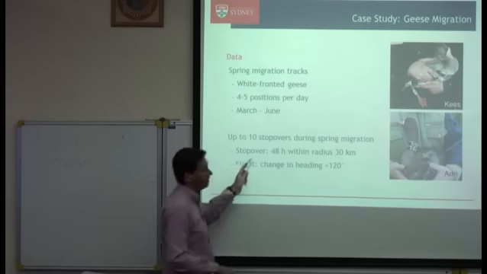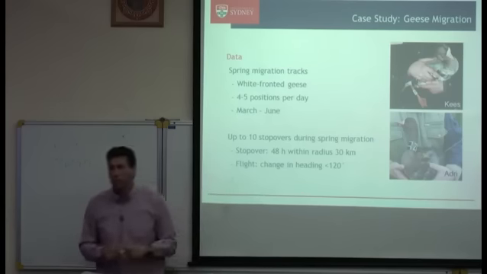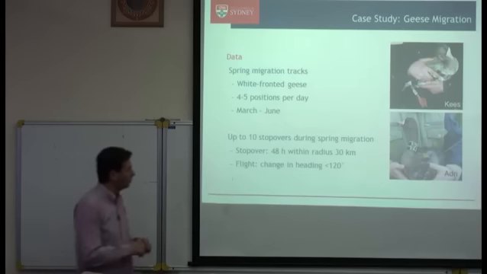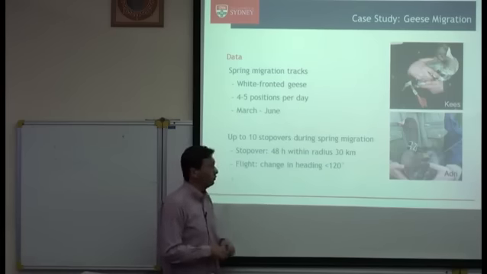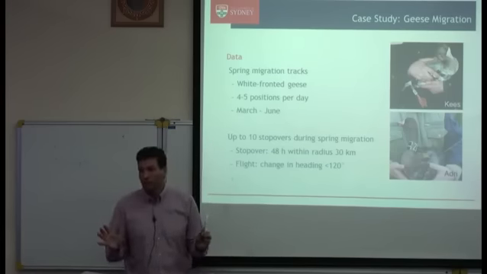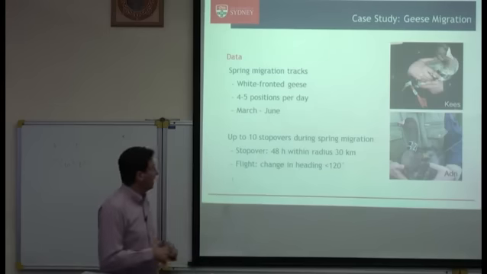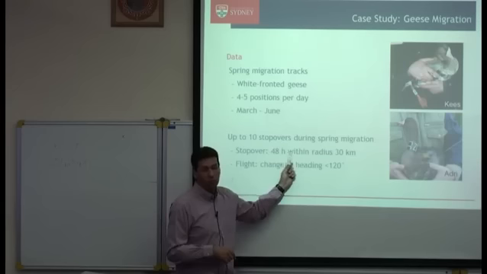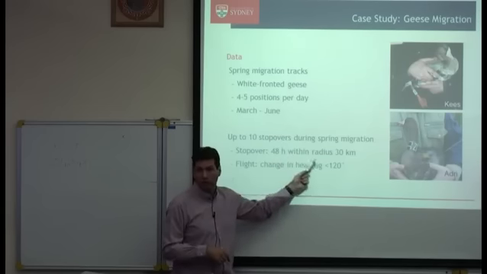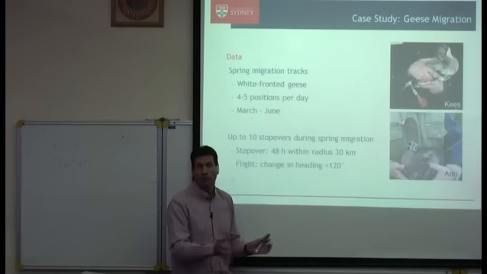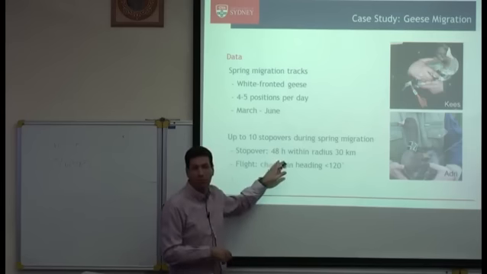This is how they define it. It's a very crude definition, but it seems to work well. A stopover is at least 48 hours, and within those 48 hours the bird has to stay within some kind of bounded area. That's a stopover, so you see it's a very simple definition.